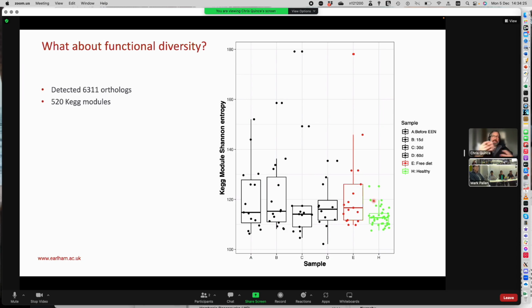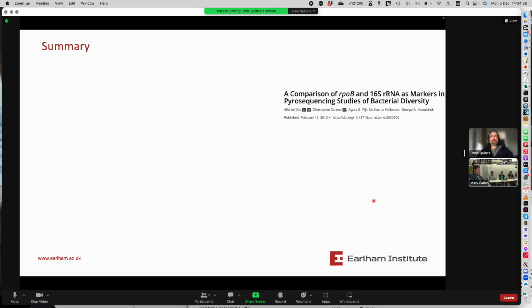So it probably says something about the dysbiotic microbiome, because these things are perhaps doing a wider range of pathogenic functions. But anyway, it's quite interesting, and I think it illustrates what you can get out of functional versus taxonomic profiling.